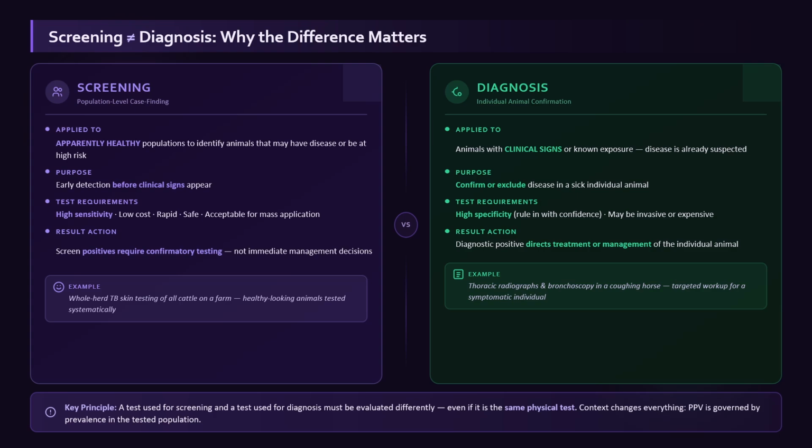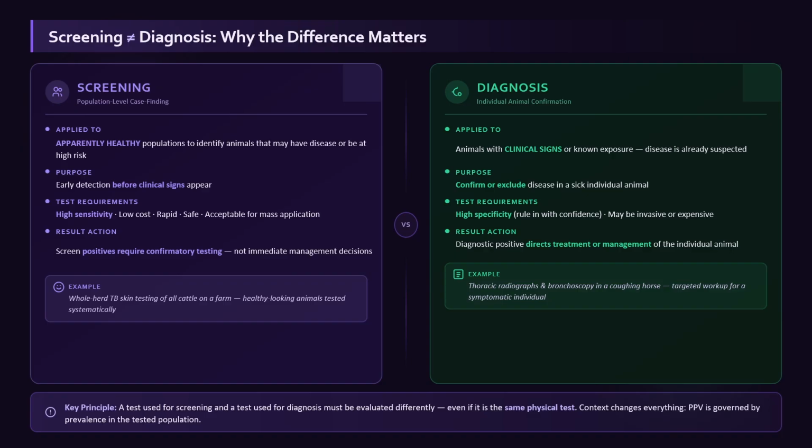Why does this distinction matter so much? Because it completely changes your pretest probability, which is just another way of saying prevalence. In a screened, apparently healthy population, prevalence is almost always low. In a diagnostic population, animals already showing signs, prevalence is much higher because you've already selected for likely sick animals.